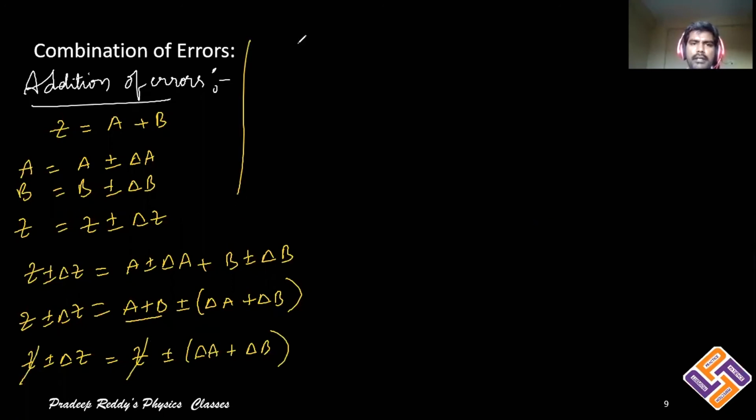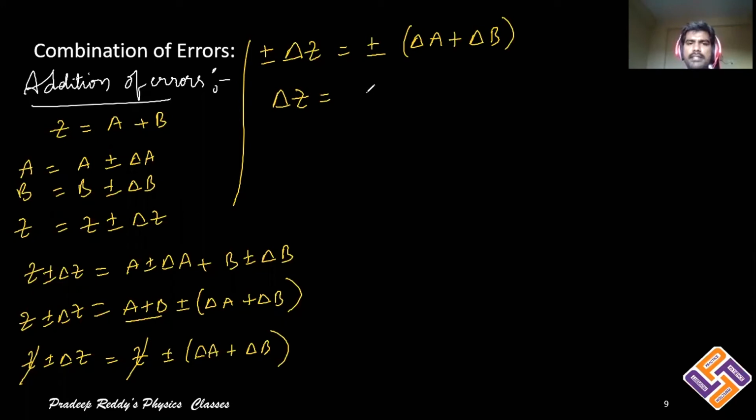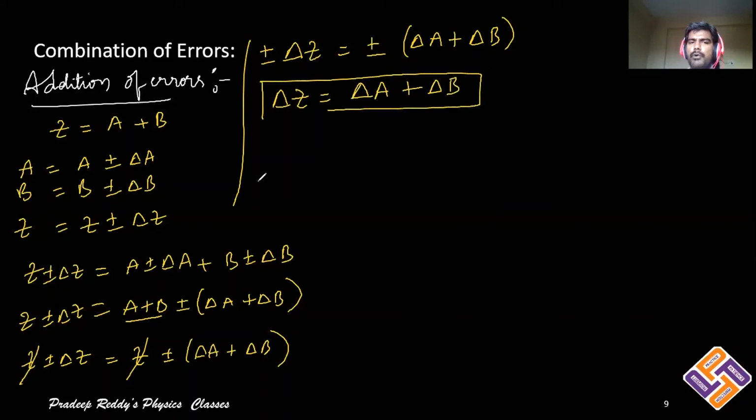Finally, what do you get? Delta Z is equal to plus or minus delta A plus delta B. Therefore, delta Z is the error in the derived physical quantity. In order to get the error in the Z value, you are just adding the individual errors, delta A plus delta B. Okay, this is addition of errors.